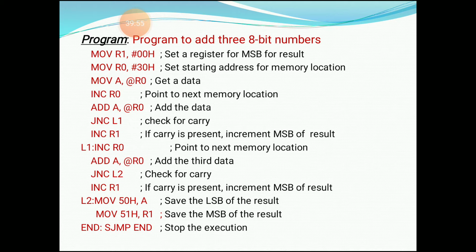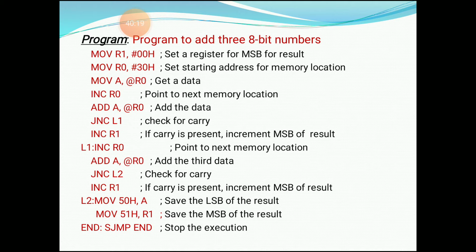After getting the next byte by incrementing R0, this byte is added to the accumulator value. The accumulator contains the result of the first 2 bytes. After adding the third byte to the intermediate result in the accumulator, check the condition of carry. If no carry occurs, stop the operation, and the accumulator contains the lower 8-bit data of the result, which is loaded into 50H.